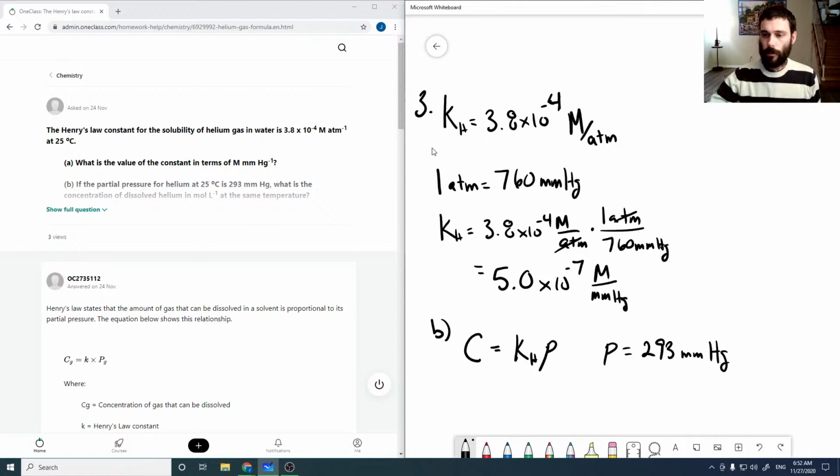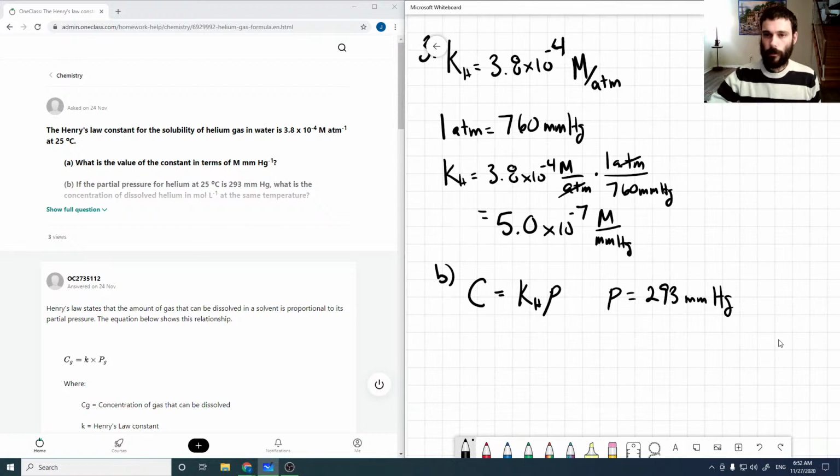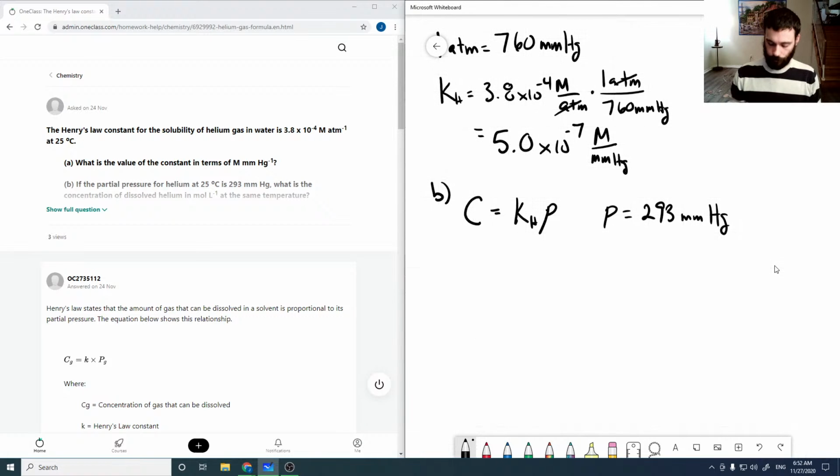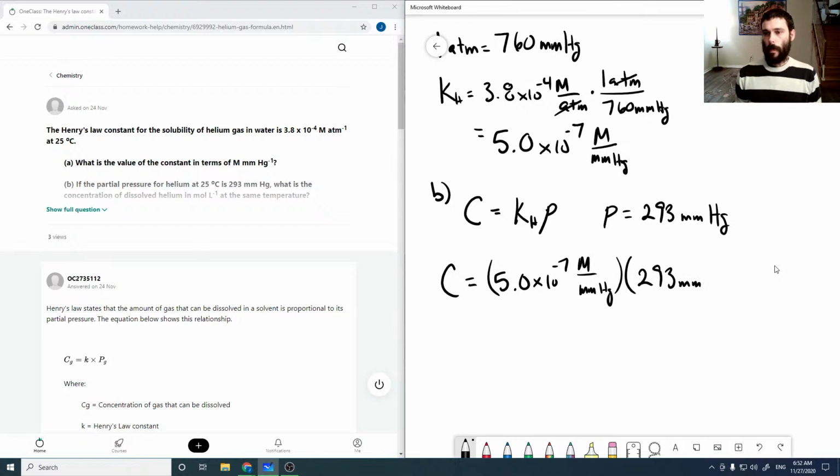So for this, we just need to go through this equation. So our concentration will be 5.0 times 10 to the minus 7 molar per millimeters mercury, multiplied by the partial pressure, which comes out to be 1.465 times 10 to the minus 4 molar.